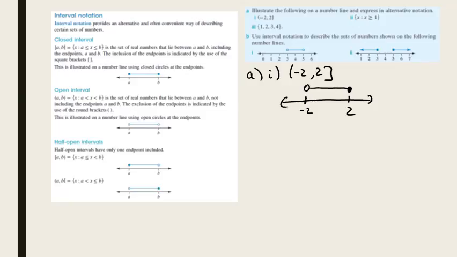And then in alternative notation, you just write down that x is an element between -2 to 2. All right, so what this says is x is such that x is an element between those numbers, which is what's shown on the number line.